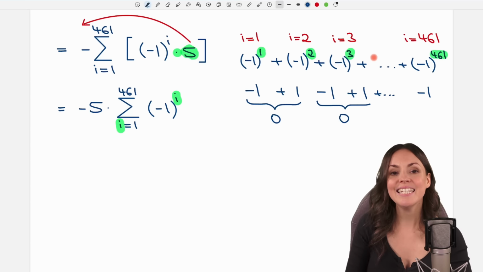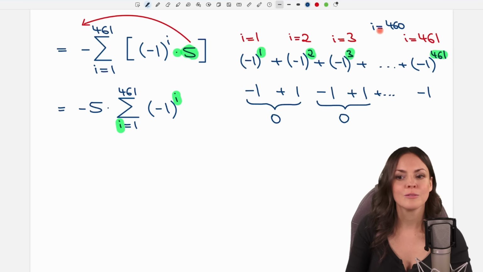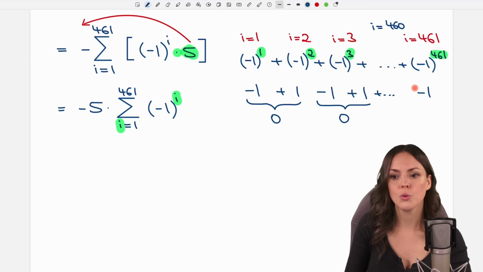So the last even exponent is the 460. This exponent cancels out the negative 1 before it. So the only thing that is left that doesn't have a partner to neutralize, so to say, is the last element.